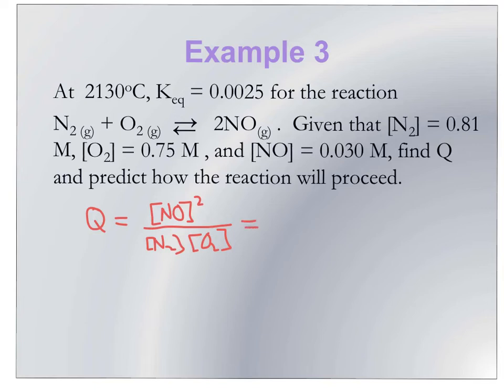It actually asks us to find what the value is, so we need to plug in our values and solve. So the concentration of the NO is 0.030 molar. And since we don't need units for Q, you don't have to put them in your work either. This is squared. Over the concentration of the N2, which is 0.81, times the concentration of the O2, which is 0.75.